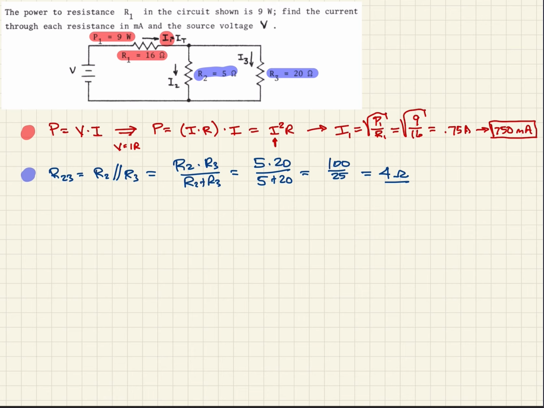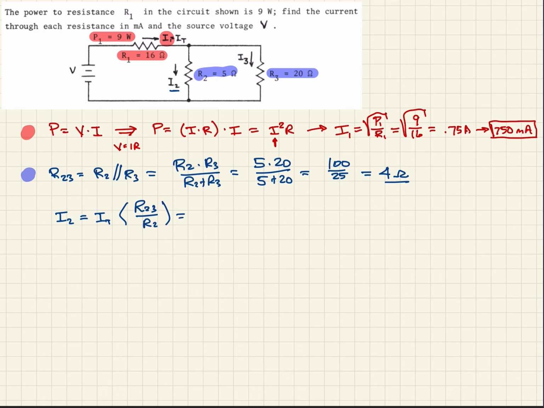So we can use it now by saying that we can use a current divider. A current divider relationship, so I2, which is this guy here, is going to be equal to the total current, IT, times R23, which is that equivalent resistance, over R2.